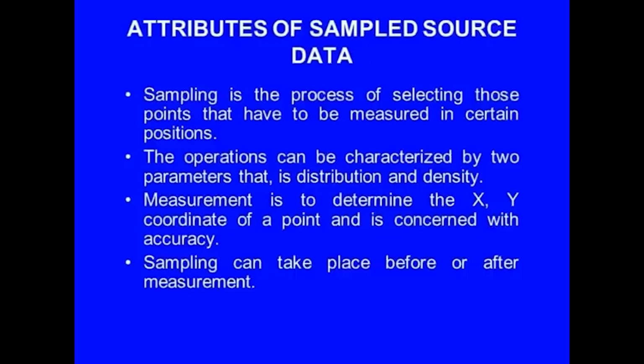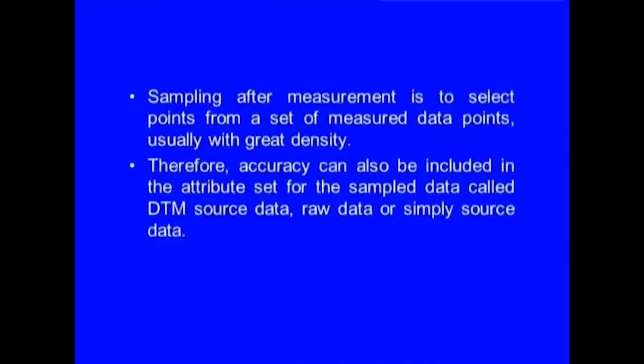Sampling can take place before or after measurement. Sampling after measurement is to select points from a set of measured data points, usually with great density. Therefore, accuracy can be included in the attribute set of the sample data called DTM source data, raw data, or simple source data.